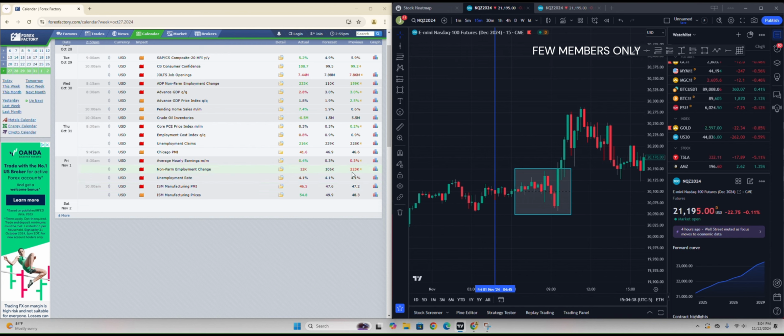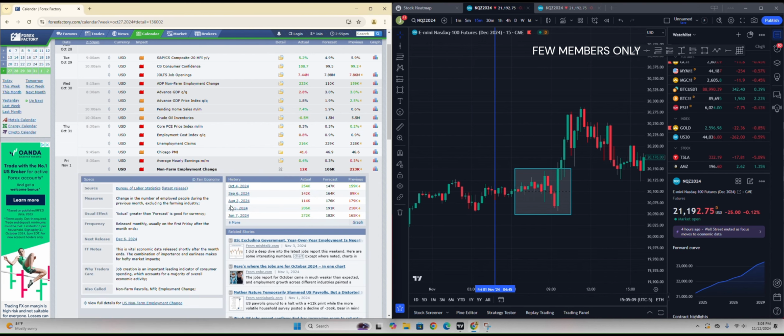So the previous was 223K. People said that it was going to go down to 106K. It actually went down 12K, so the actual would be 211,000.